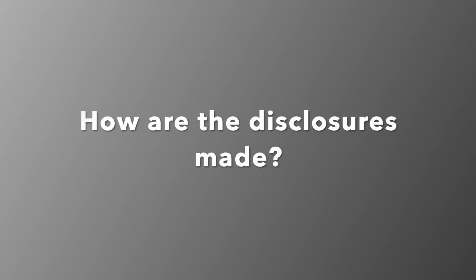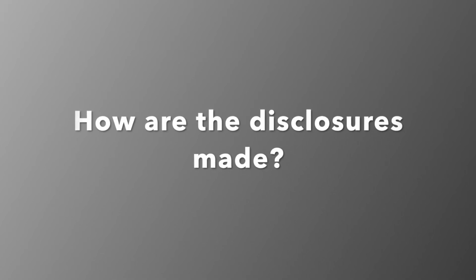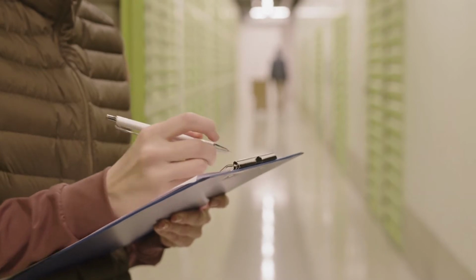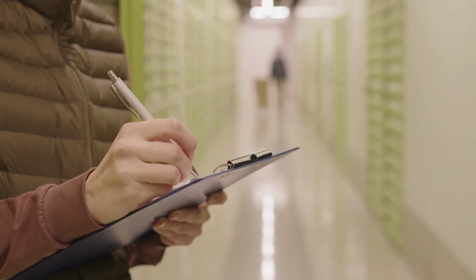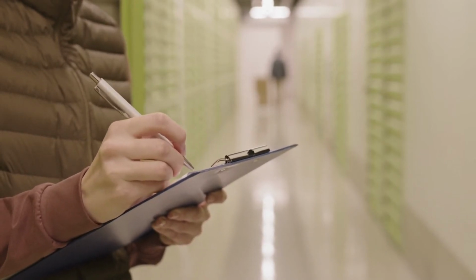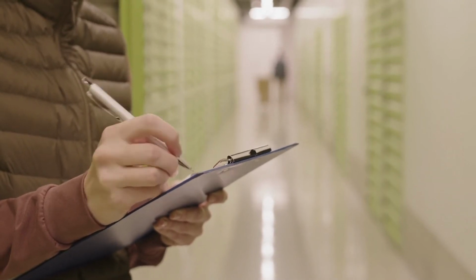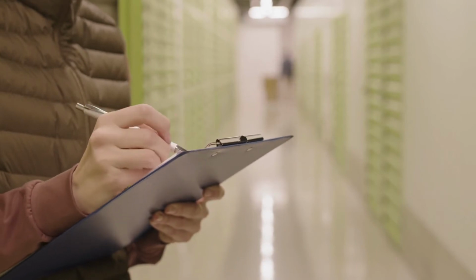The disclosures must be in writing with all the information required under the Idaho statute. The writing must also contain the owner or the purchaser's acknowledgement of receipt of those specified statutory disclosures. In other words, you have to have a signature block with them acknowledging that they have obtained the required disclosures from the general contractor.